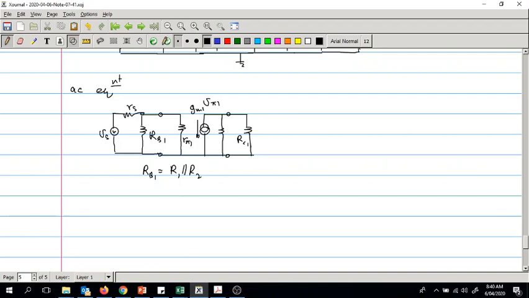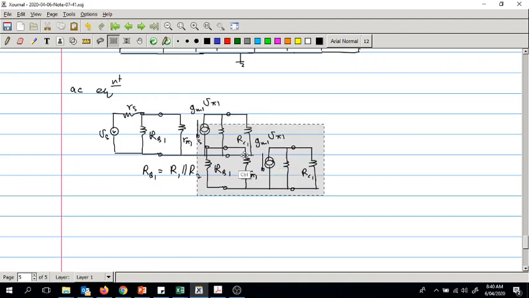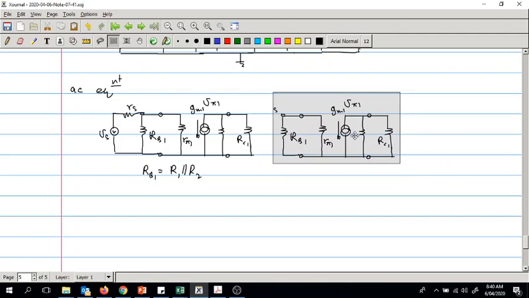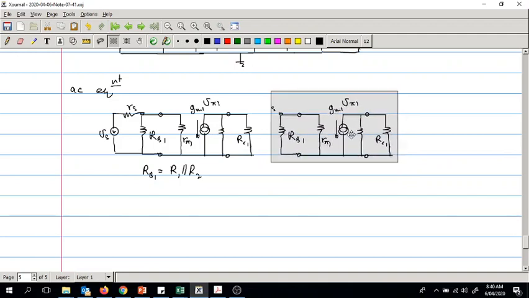Now let's leave this part like that, and we will draw the other side. The other transistor will also have the same construction. All these components are there, so I'm going to copy this and paste it, but we'll label them separately. So that's my second transistor. In the second transistor we have R pi 2 and RB2.